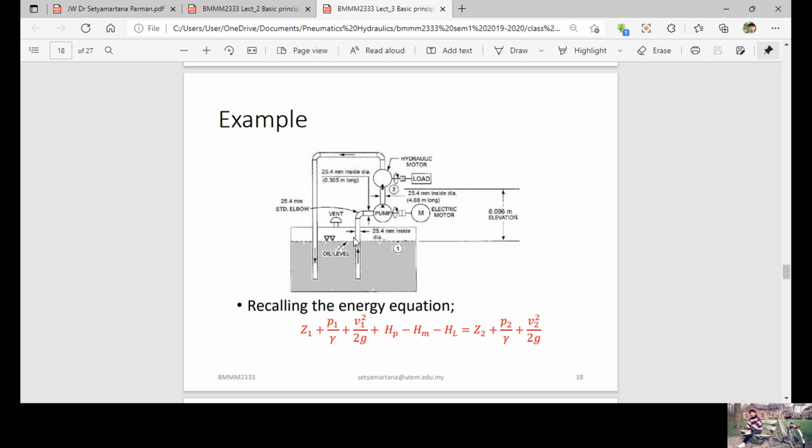And the second reference is the oil position when entering the hydraulic motor. So we refer from the first position, flowing here, passing the pump, and then until this point.